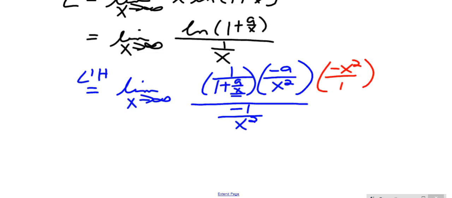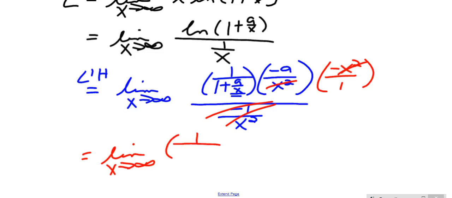And so I can lose this denominator. And then I can see that this would simplify here. And I now have the limit as x is approaching infinity of 1 over 1 plus a to the x times a positive a. And now I have no issue with doing direct substitution, remembering x is approaching infinity.